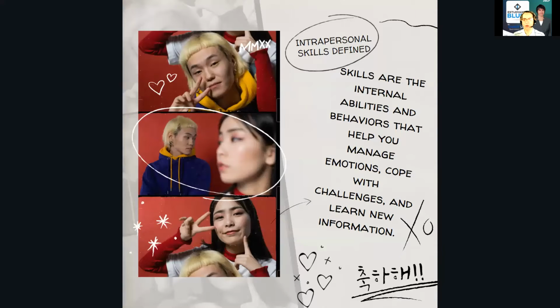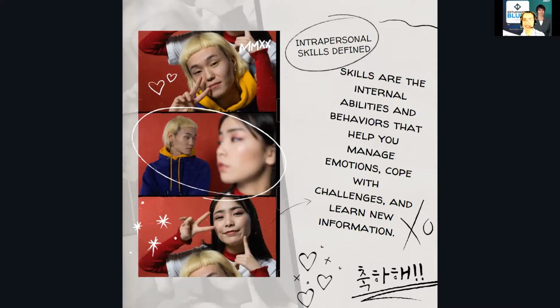All right. So what are intrapersonal skills? When we say skills, these are internal abilities and behaviors that help us manage our emotions and our coping strategies, help us manage our challenges, and also help us learn information.